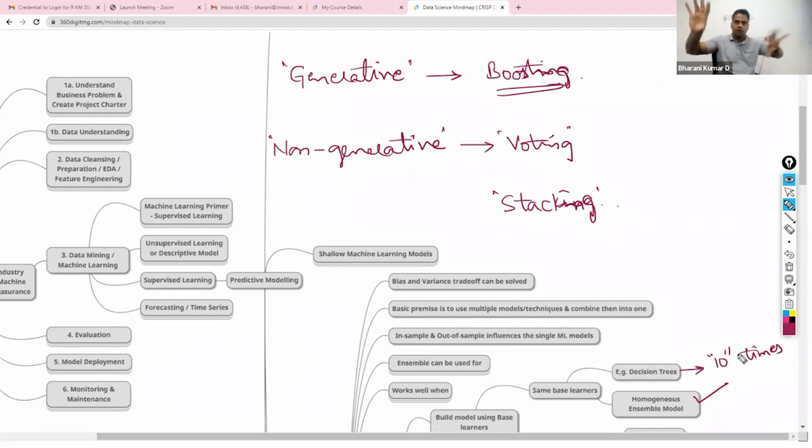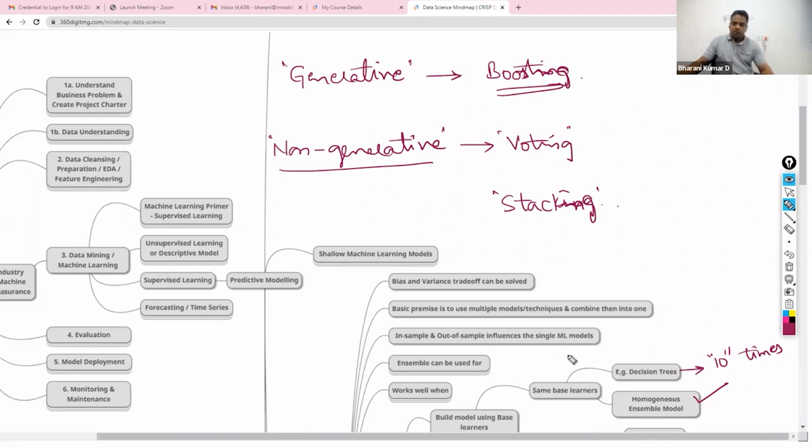They're all standalone algorithms. If you're saying run the algorithm 10 times, 10 different algorithms are built. Of course, they are all decision trees, but all these 10 will be trained on 10 different training datasets and tested on 10 different test datasets. So each one is different. You just combine the results of all the accuracies. Those kinds of algorithms are non-generative.